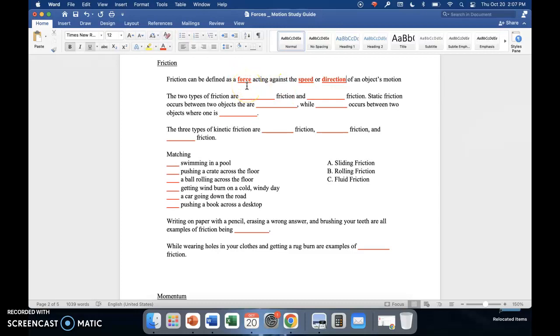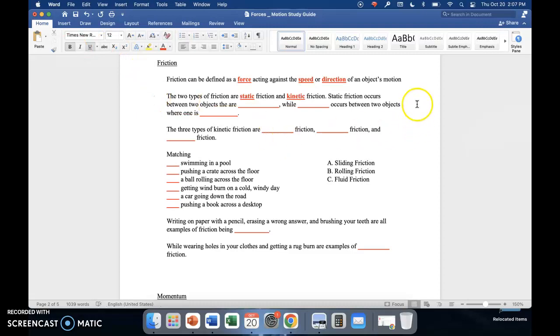There are two types of friction that we talked about. There is that static form of friction, and there is also what we call kinetic friction.